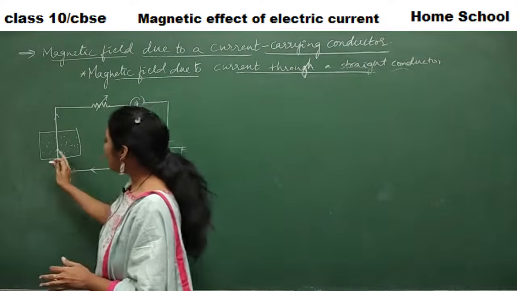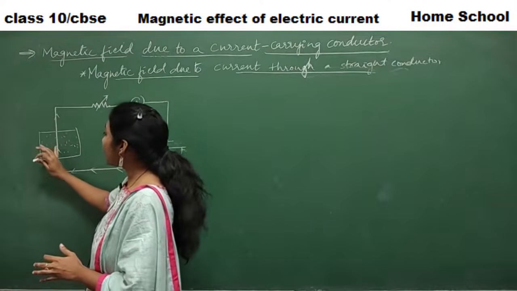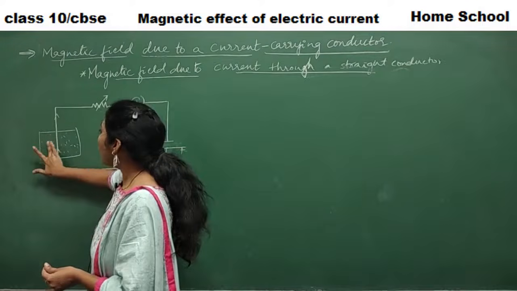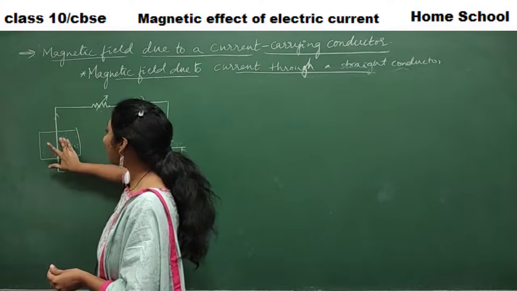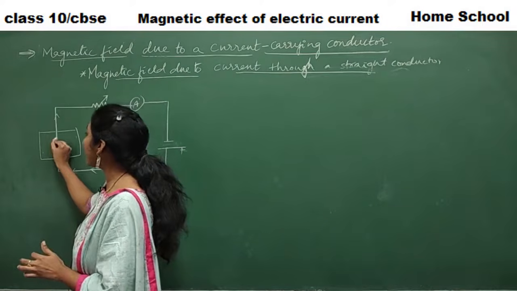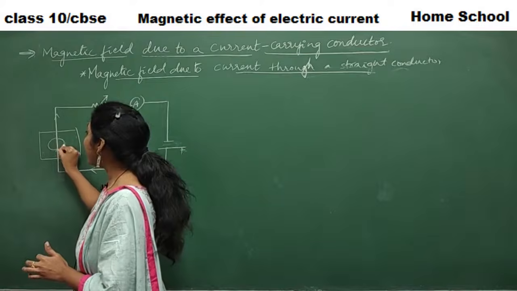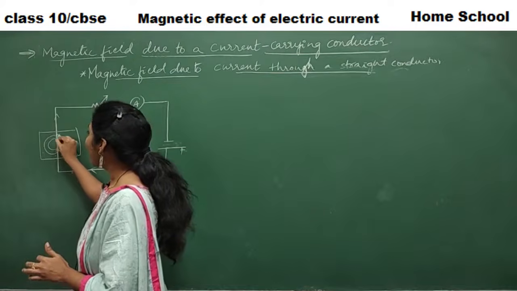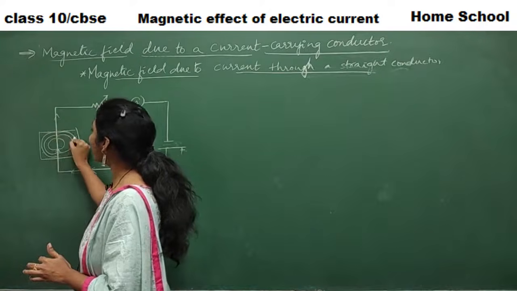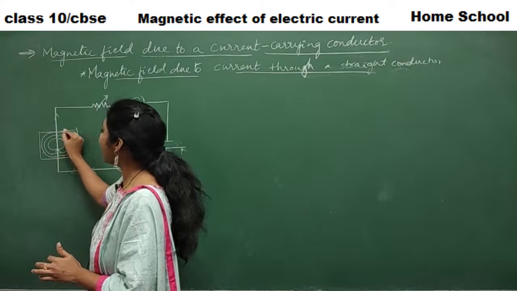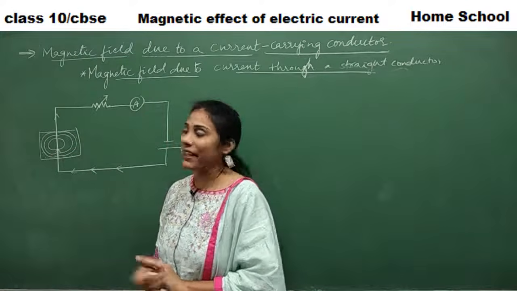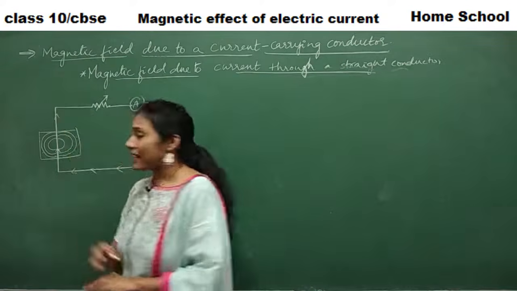So automatically when current moves, a magnetic field is created, right? When the magnetic field was created, our iron filings got arranged in concentric circles. I have spread iron filings all over, but these iron filings get arranged in concentric circles.